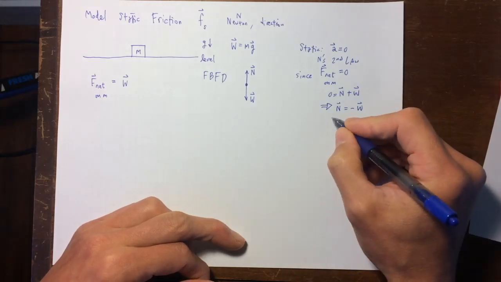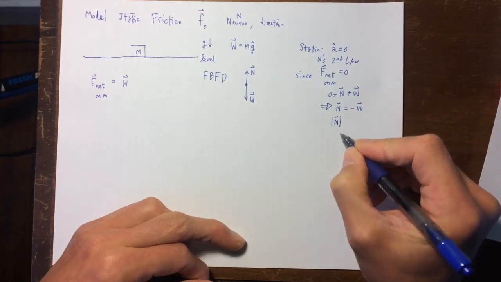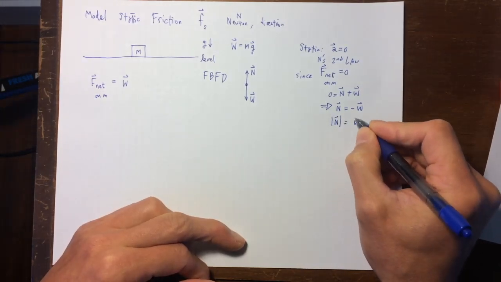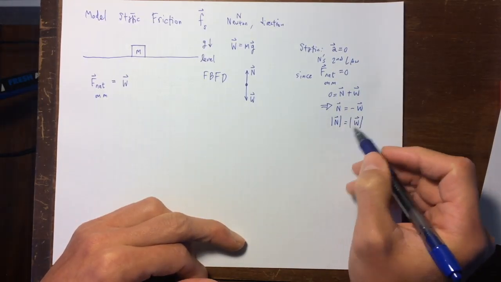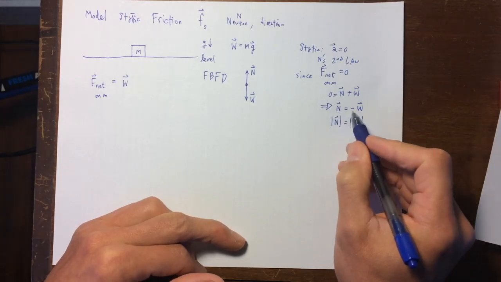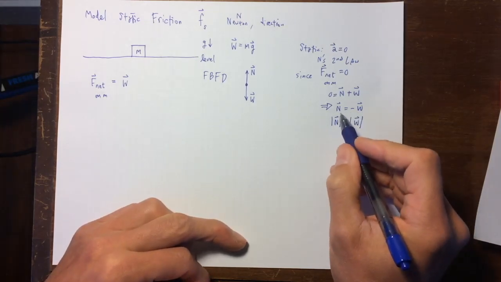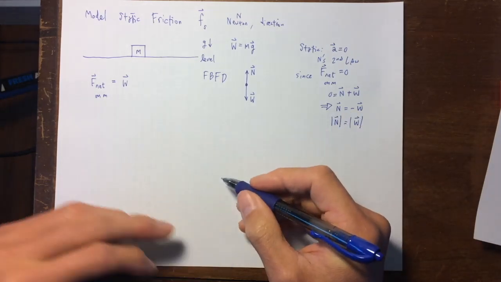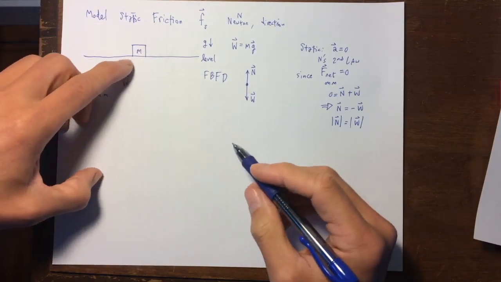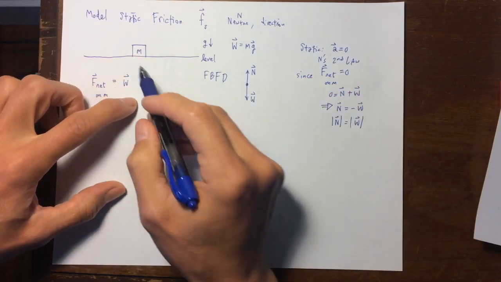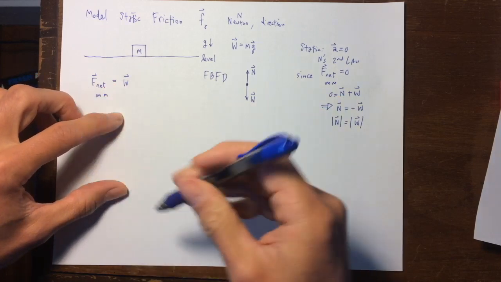But you can also say that the normal force magnitude is equal to the weight force magnitude. They are in opposite directions. They are not Newton's third law pair forces, though. Please know that.